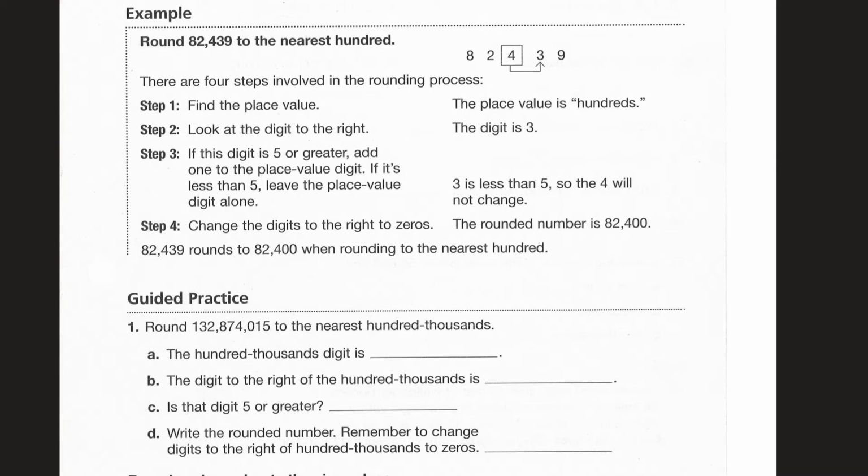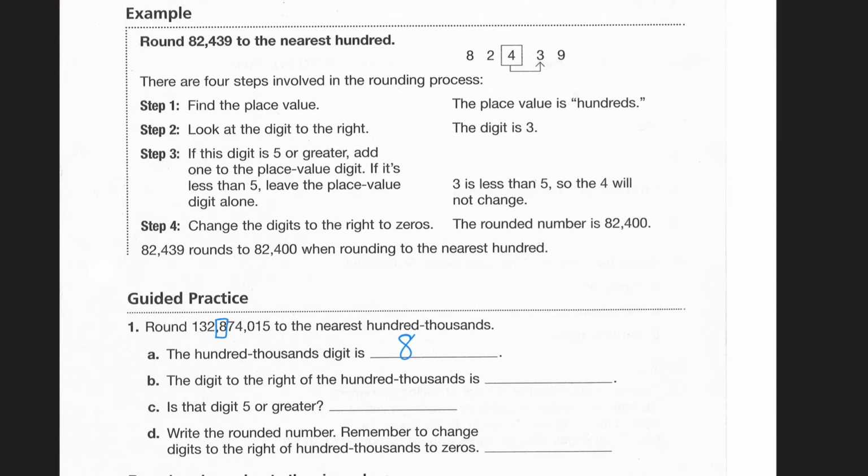And so step 1 is find the place value. Where is the hundred thousands digit? Well, let's see. That's ones, tens, hundreds, thousands, 10,000s, 100,000s. The 100,000s digit is an 8. Since they put a box around it in the problem here, I'm going to put a box around the 100,000s digit, which is an 8.